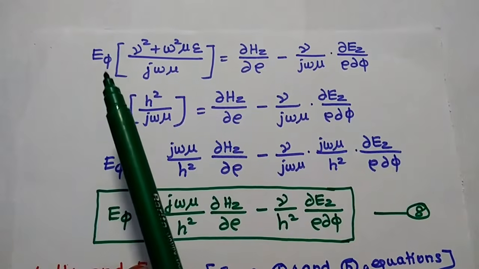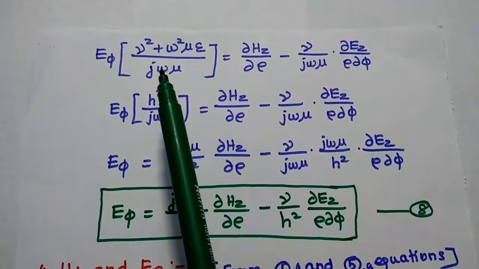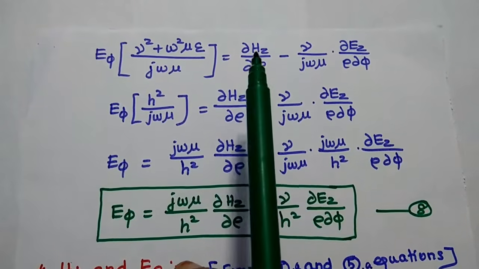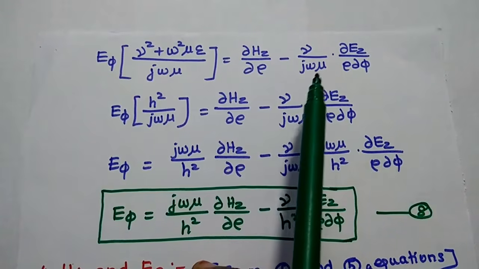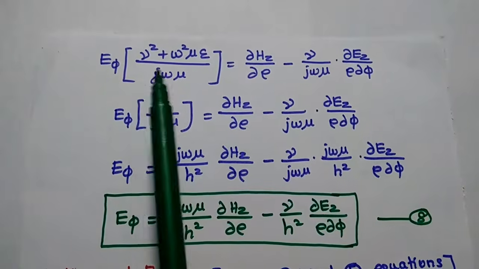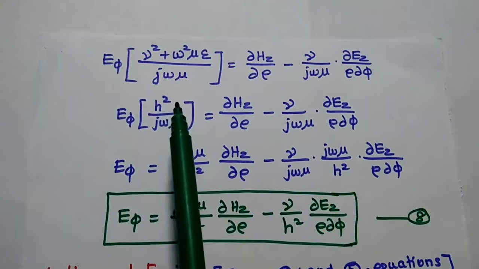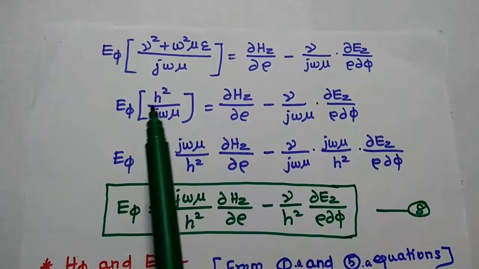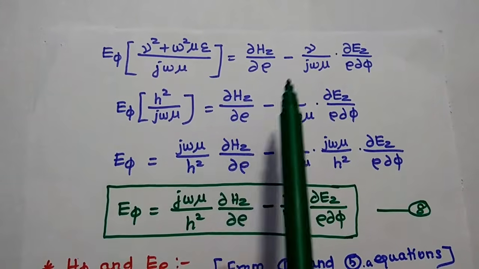We get E phi into gamma squared plus omega squared mu epsilon by j omega mu is equal to dou Hz by dou rho minus gamma by j omega mu dou Ez by rho dou phi. In this one, gamma squared plus omega squared mu epsilon is nothing but h squared. So here we can say E phi into h squared divided by j omega mu is equal to this value.